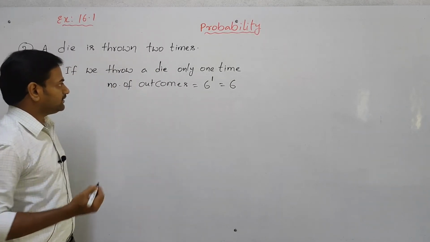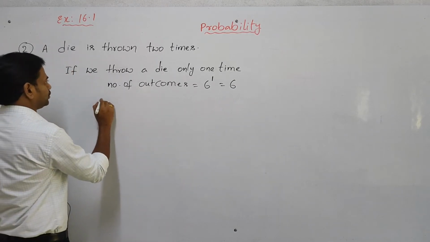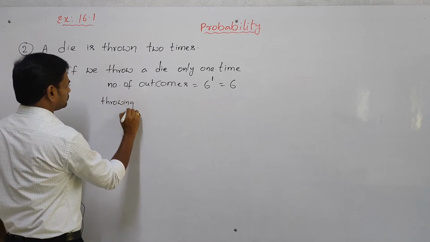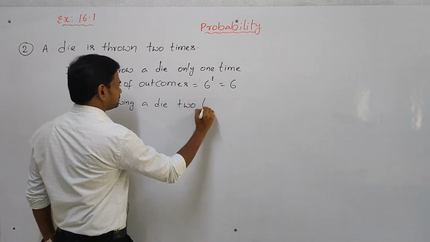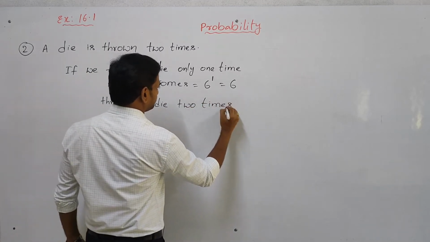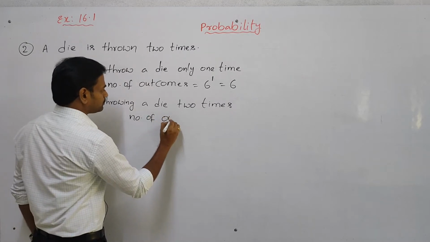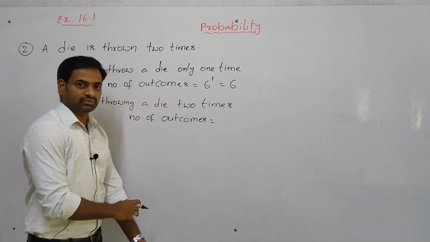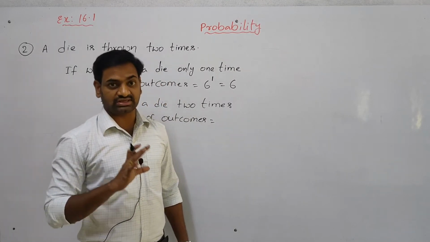If we throw a die 2 times, then the number of outcomes equals, basically, how many faces you have on the die? 6 faces, that is 6 outcomes.